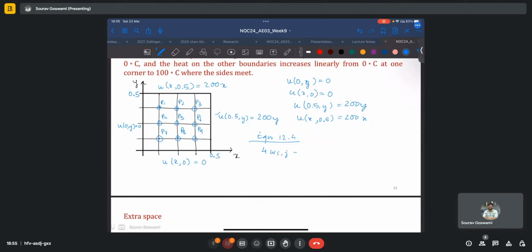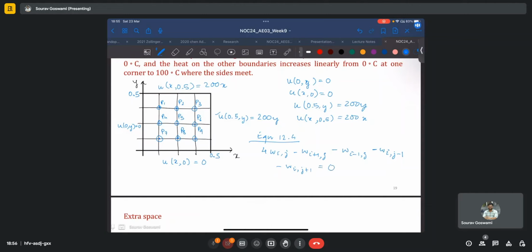4w_ij minus w_i+1,j minus w_i-1,j minus w_i,j-1 minus w_i,j+1 is equal to 0.